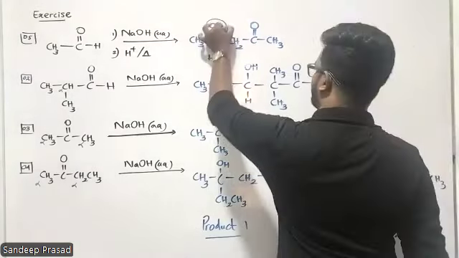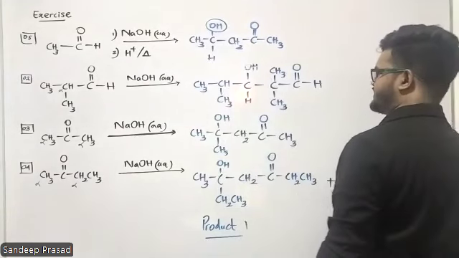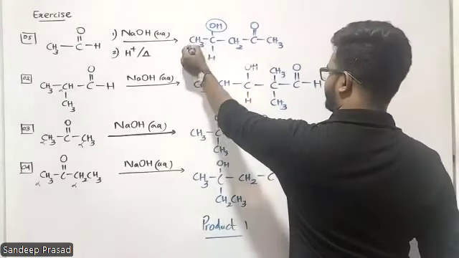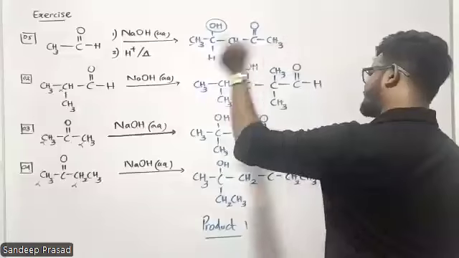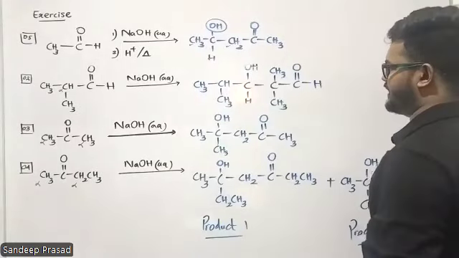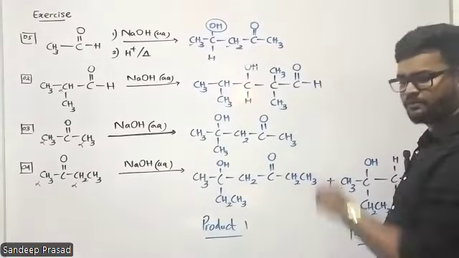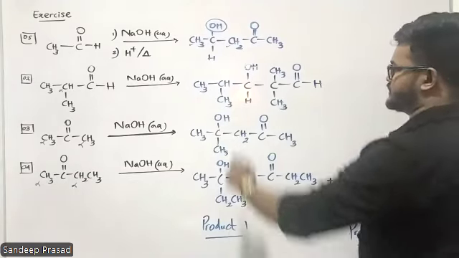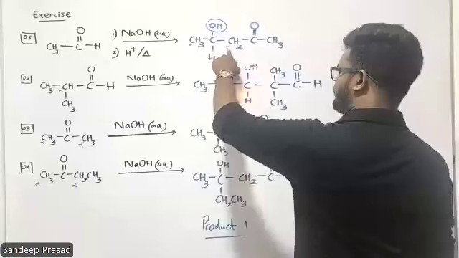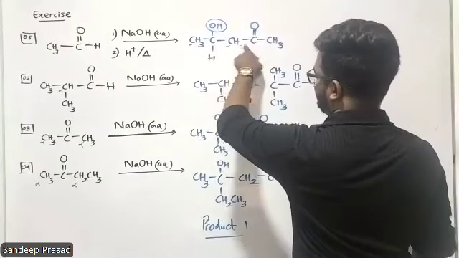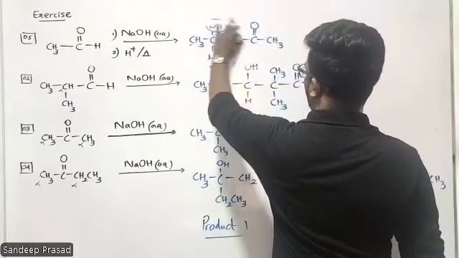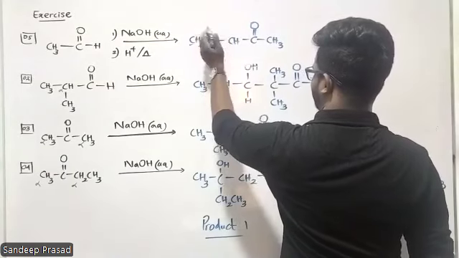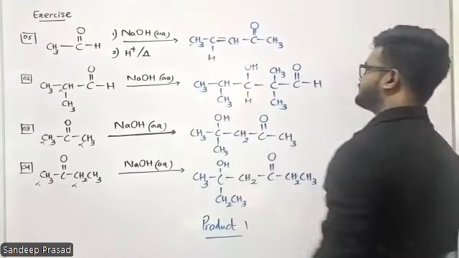That means this OH group is eliminated with one of the hydrogen atoms. According to the Zaitsev rule, we know that hydrogen should always be eliminated from the carbon atom where a poor number of hydrogens are connected. So this is the carbon atom where a poor number of hydrogens are connected. Then one hydrogen is removed from here, and OH is removed here. Then you can see that this is a carbon-carbon double bond.